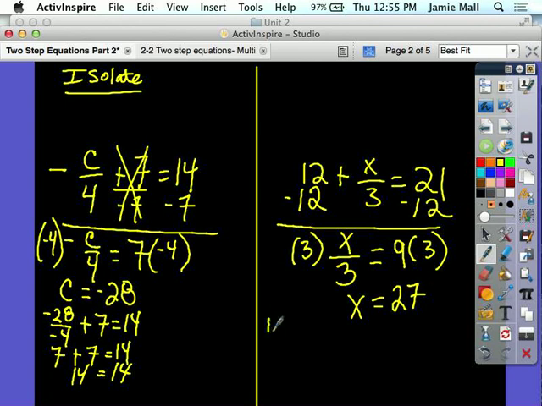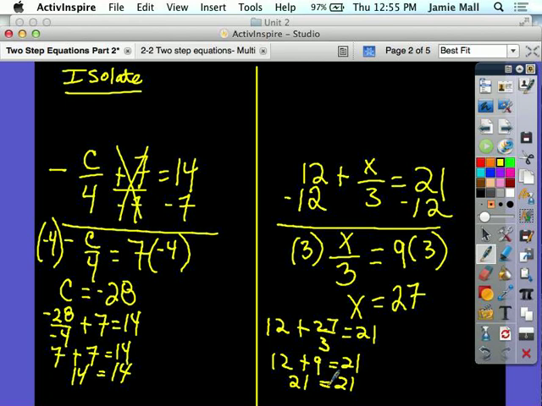Let's check it. 12 plus 27 over 3 is equal to 21. 12 plus 9 equals 21. True. 21 on the left, 21 on the right. And it checks. All right, that is how we solve two-step equations using the multiplication property of equality.